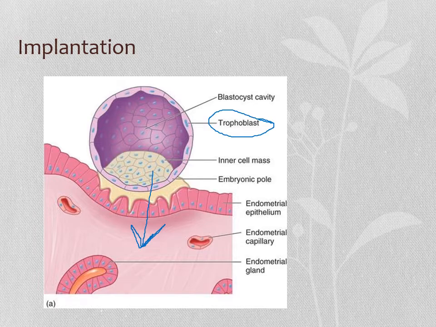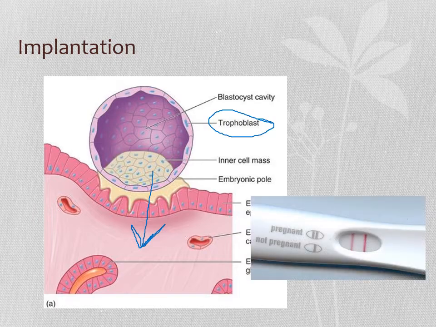It will also tell the immune system to leave the blastocyst alone, and it will also turn pregnancy tests positive, right? So you can't have a positive pregnancy test until implantation has occurred, the trophoblast has started making HCG. That's usually about 10 to 14 days after fertilization, sometimes takes a little bit longer.